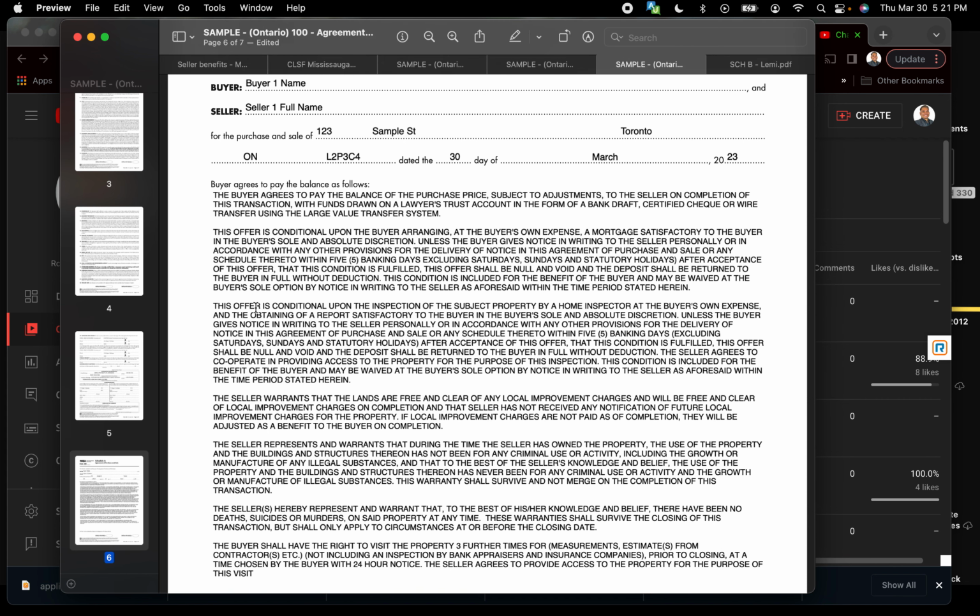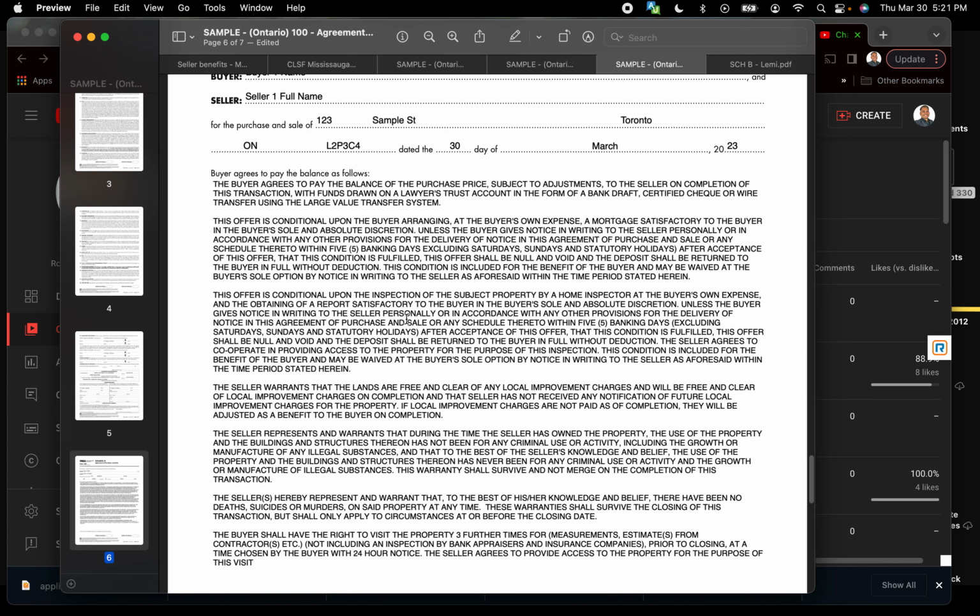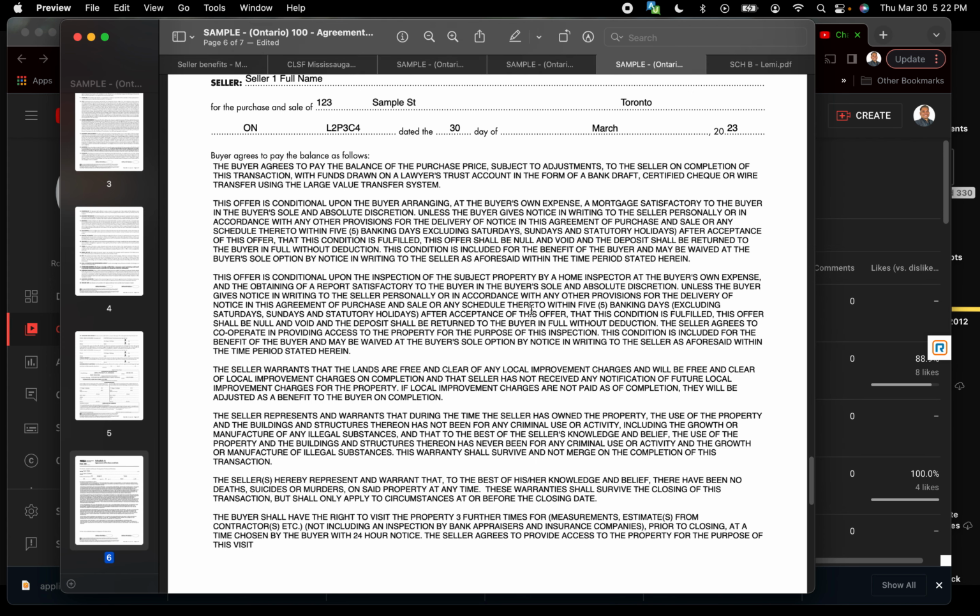The next condition is that this offer is conditional upon the inspection of the subject property by a home inspector at the buyer's own expense and obtaining a report satisfactory to the buyer in the buyer's sole and absolute discretion, unless the buyer gives notice in writing to the seller personally or in accordance with any other provisions for the delivery of notice in this agreement of purchase and sale or any schedule thereto within 5 banking days, excluding Saturdays, Sundays, and holidays after acceptance of this offer.